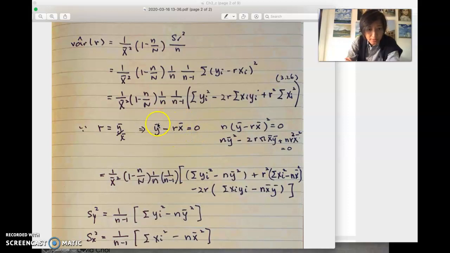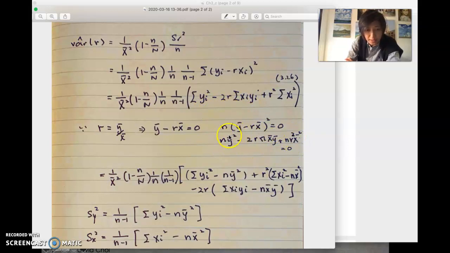If I take a square and multiply by n, it's also equal to 0. So if I substitute this bit into this bracket, I subtract n times the bracket y bar minus R x bar squared. It doesn't change my value.